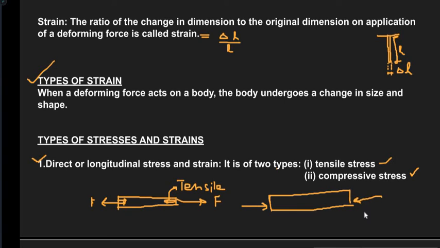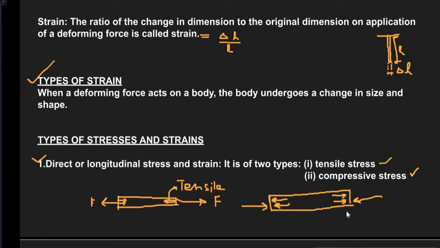Then also, if it regains its original shape back, that is also called elasticity. So when you are trying to compress this body, a stress is generated called compressive stress. The restoring forces will be in this direction.